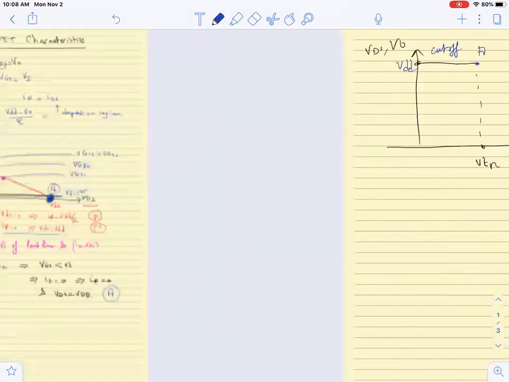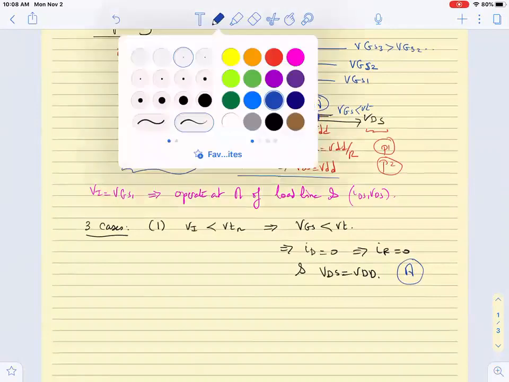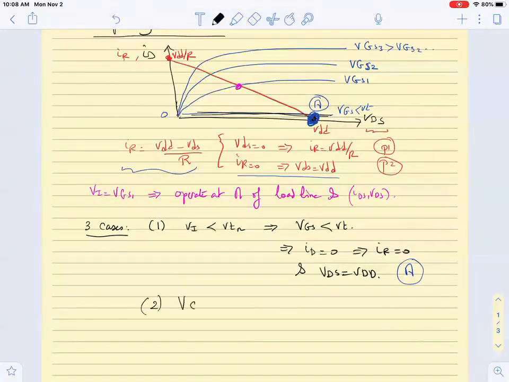Now, the second scenario is when VGS increases slightly. So the second scenario is when VGS equals VT plus epsilon, meaning the overdrive voltage is epsilon. So VGS is small.